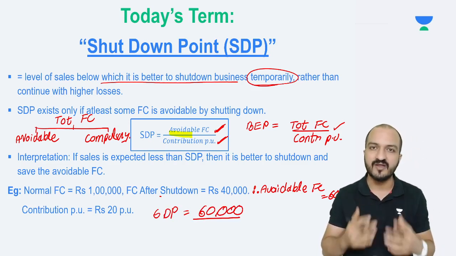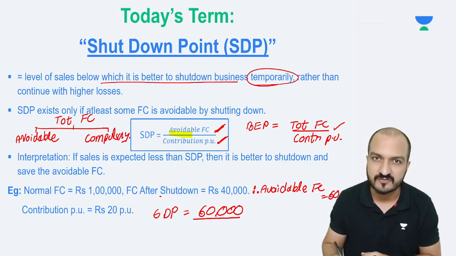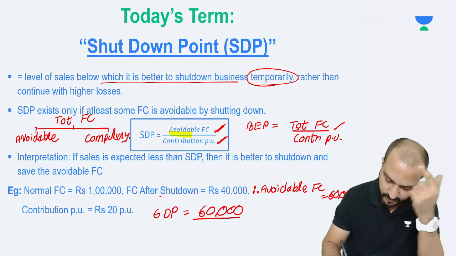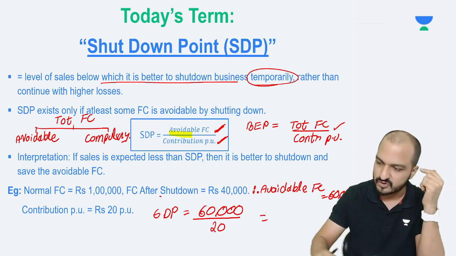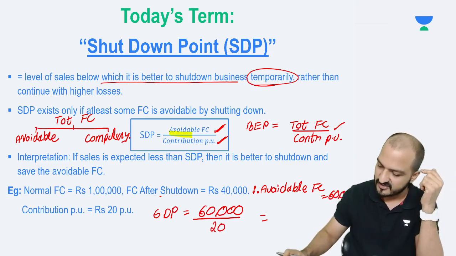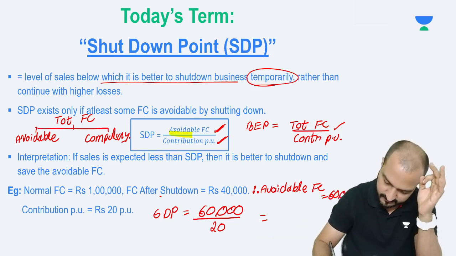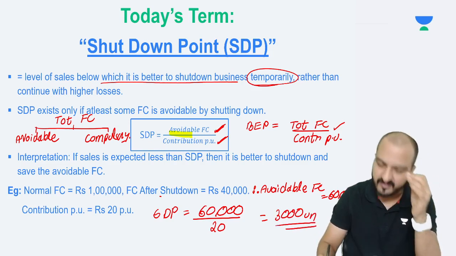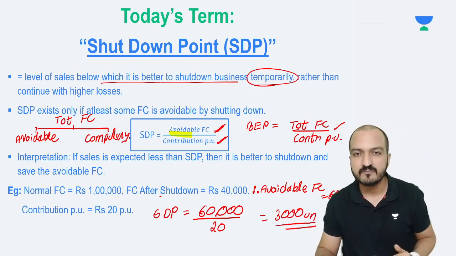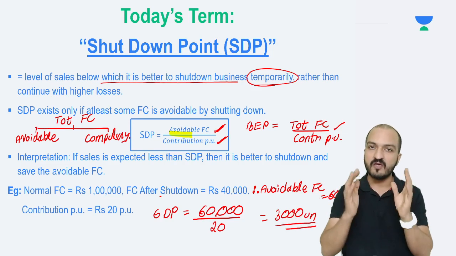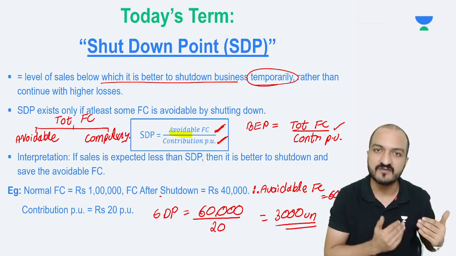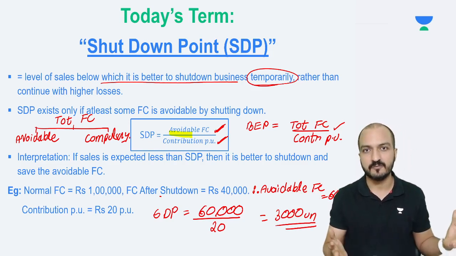How many units do you need to recover this 60,000? Your contribution is 20 per unit. So 60,000 divided by 20, 3,000 units minimum you will need. So if you expect your demand to be more than 3,000, then you continue doing business. If you expect your demand to be lesser than 3,000, it is better to shut down.